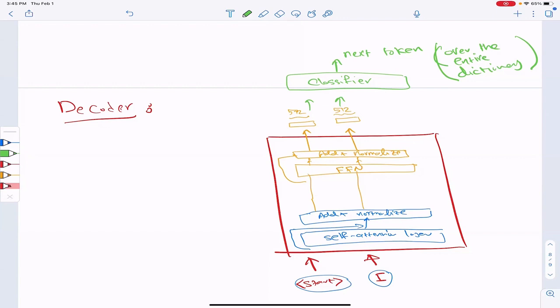You add that for the next step of the decoding to your input. Hopefully, the next token that you generate is end of sentence, which means your translation is complete. And that's it. That is the decoder side of the transformer. Easy, right?